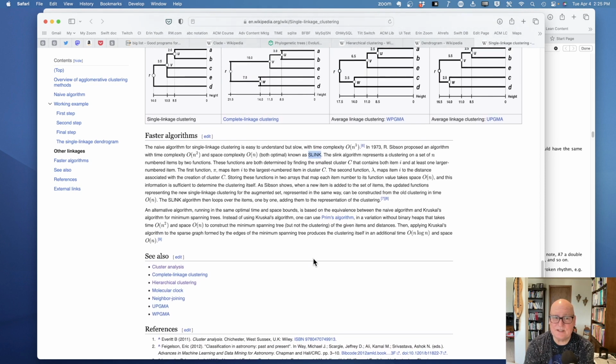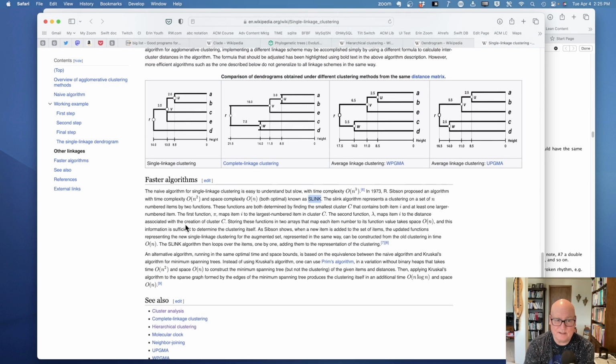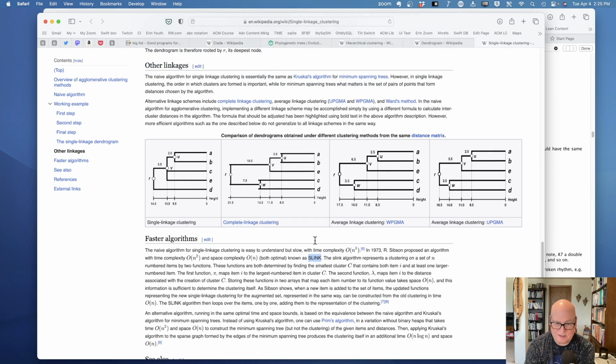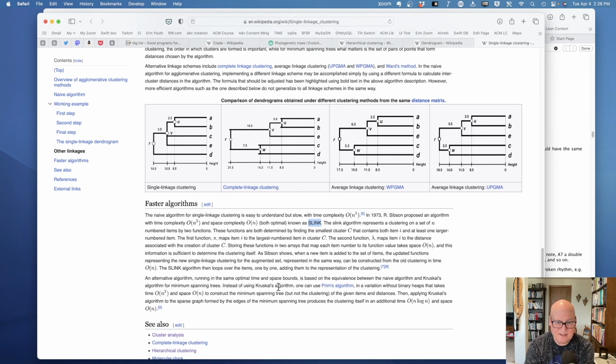A million entries is a lot, but it's probably doable. N squared would be nicer. Oh, both those are optional. So S-link is a good algorithm, but we're not doing that one for starters. I'll do the naive one and see how it looks. It may be a total mess.